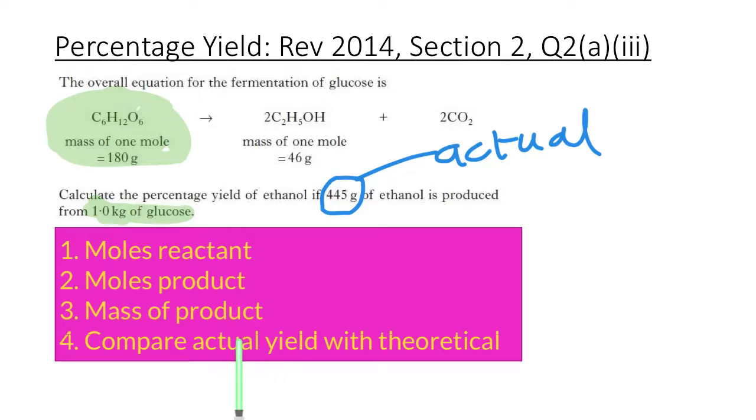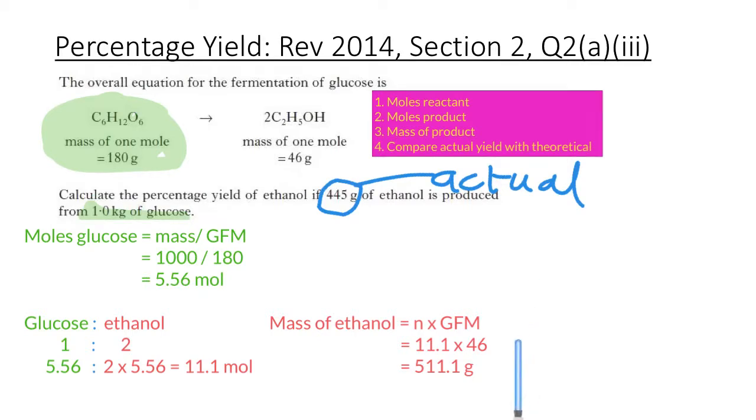Try and work through yourself to get to the end, then play the video once you're there. Pause the video to do this bit, then play when you're ready to check your answer. Just remember to convert 1.0 kilograms of glucose into grams before you start. So I would pause your video now. So after our first three steps, we should have the mass of ethanol as 511.1 grams. If your answer isn't quite the same, first of all, double check you're working in line with mine.